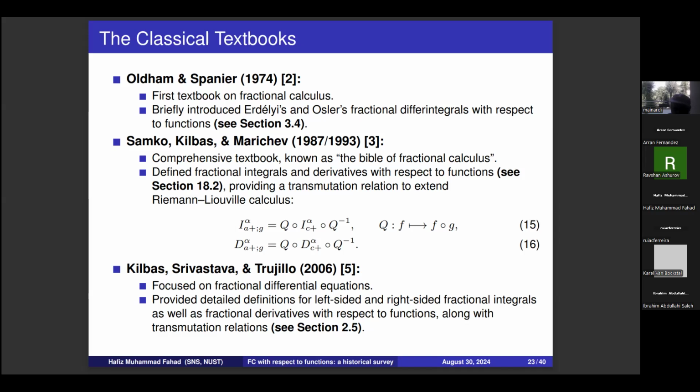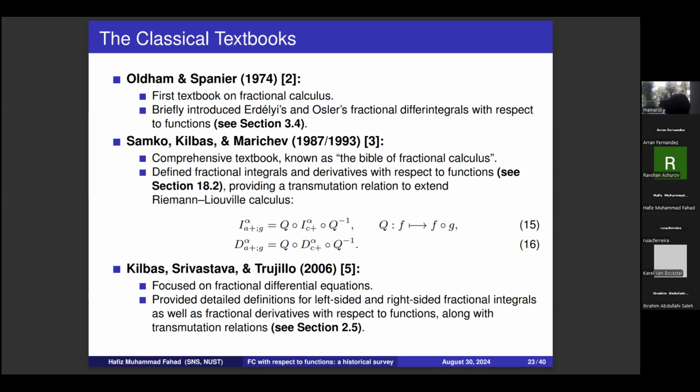They define fractional integrals and derivatives with respect to functions in section 18.2 of their book, and provided a transmutation relation to extend the Riemann-Liouville fractional calculus. These transmutation relations can be seen in equations 15 and 16.